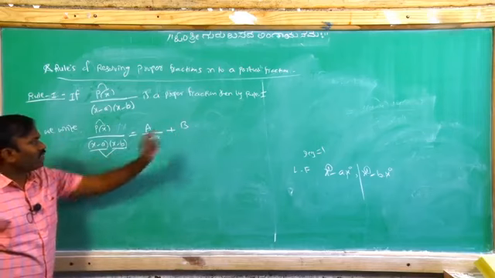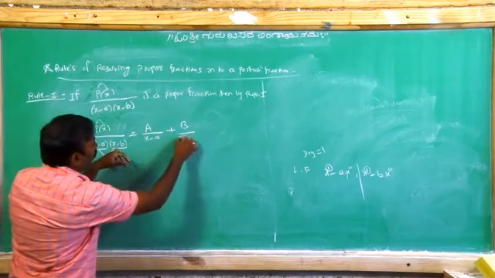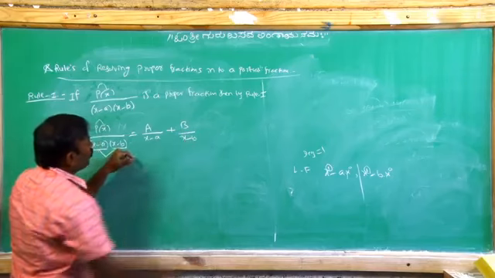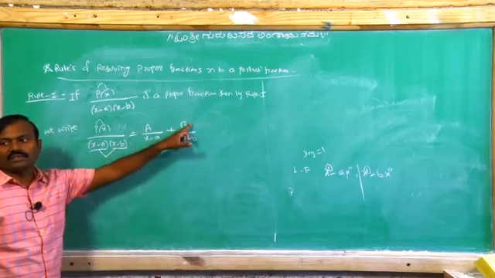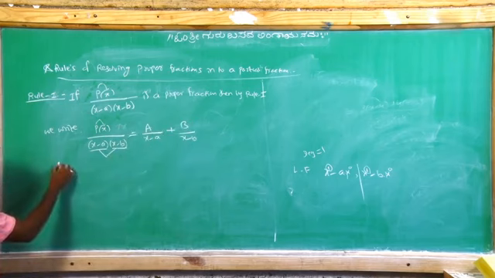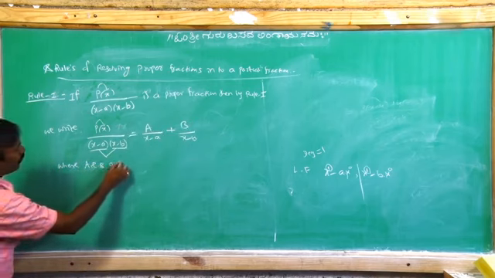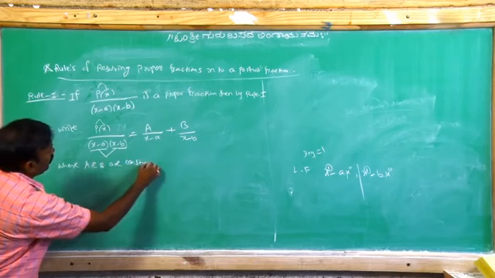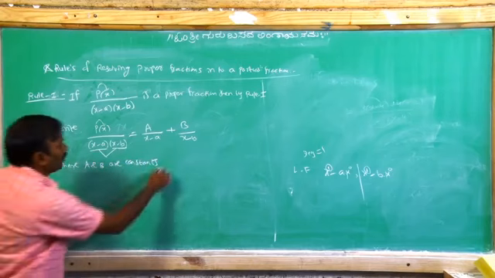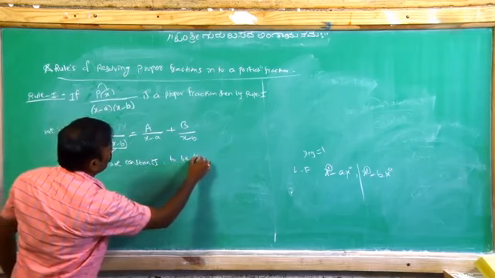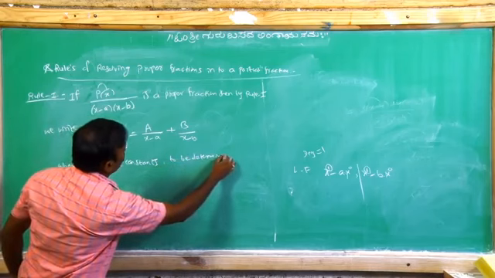Next, the second constant by the second factor x minus b, where A and B are constants to be determined.